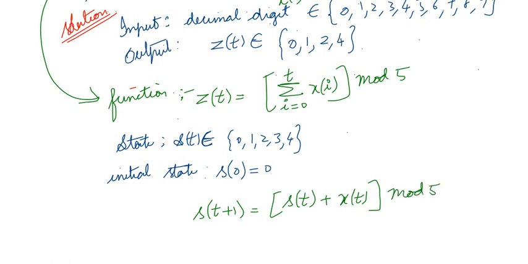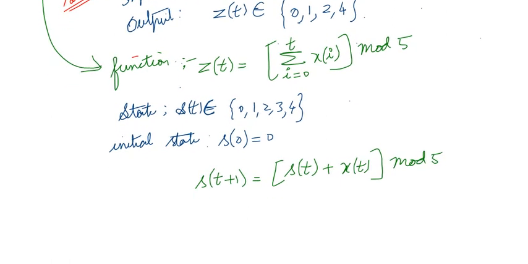That is the next state value. And Z of t is equal to the same thing, S of t plus x of t, mod 5. Okay, is it okay?